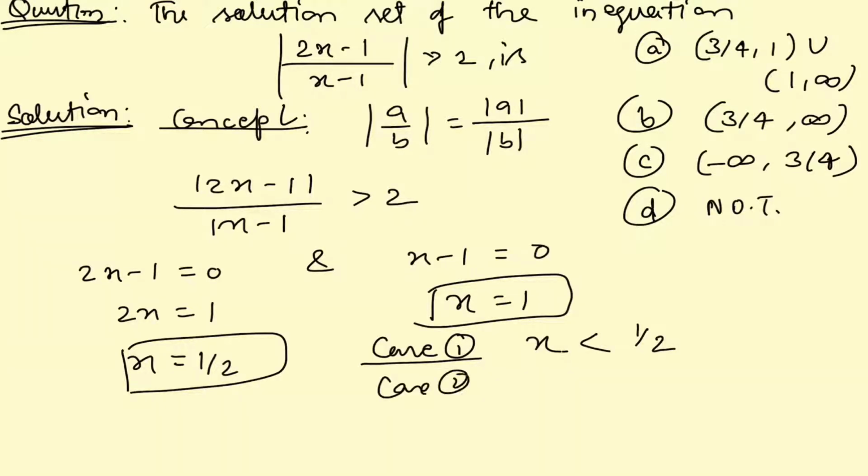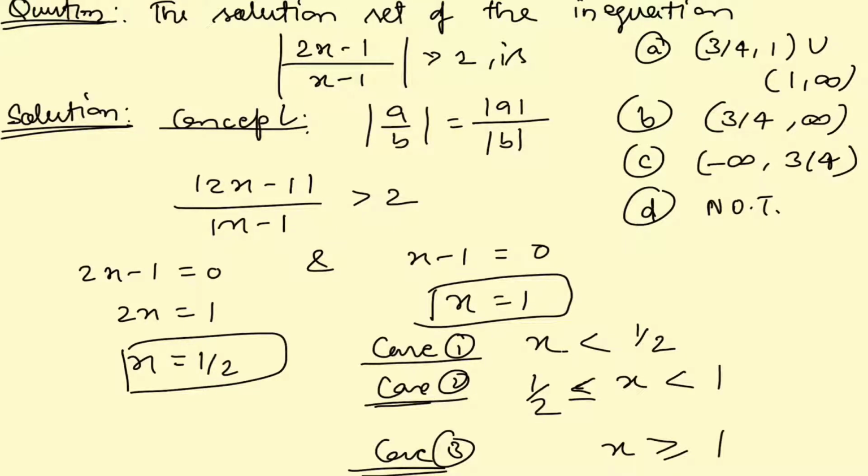Case second is when x is greater than or equal to 1/2 and less than 1. And case third is when x is greater than or equal to 1. So we have three cases, and based on these three cases we will proceed.